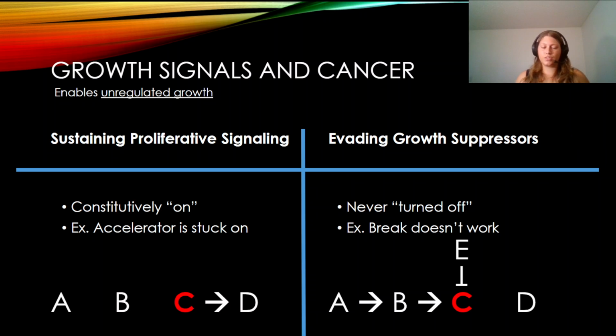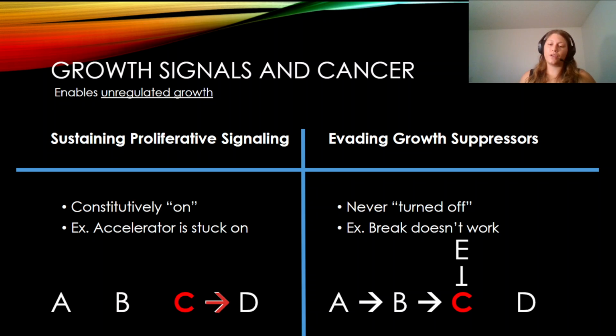Well, what cancer does is it makes it so that C is constitutively active, or in other words, that brick is on the accelerator pedal and it's going to go no matter if you put your foot on it or not. This means that C still causes D even though the things upstream of it aren't present.